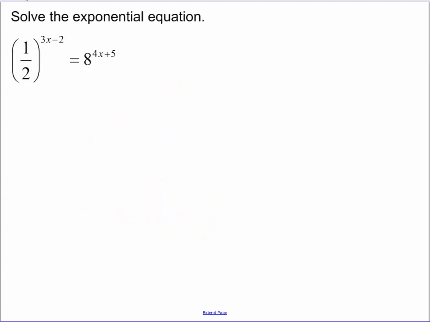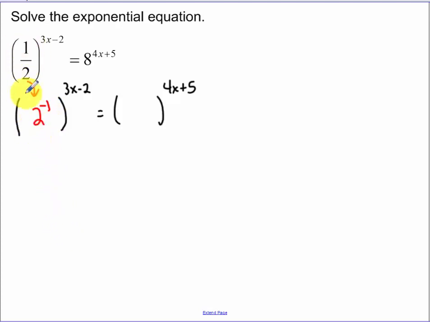Now solving this exponential equation. This one's a little bit trickier because I've been saying try and get both sides to be the same base, and choose the smaller of the two numbers. What you have to realize is that 1/2 is the same thing as 2 to the negative 1.